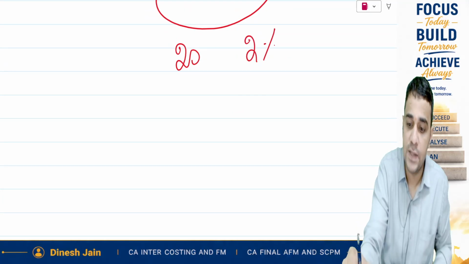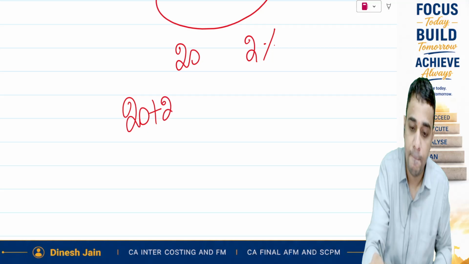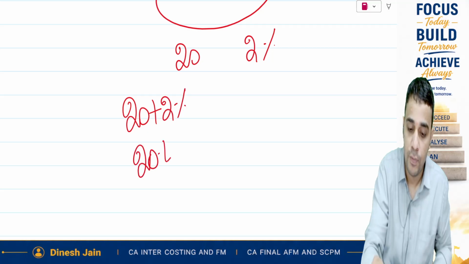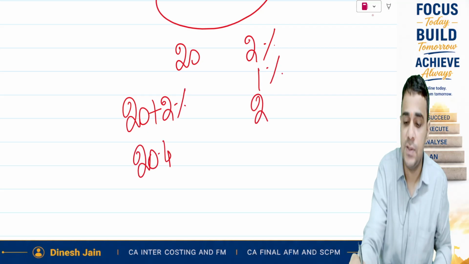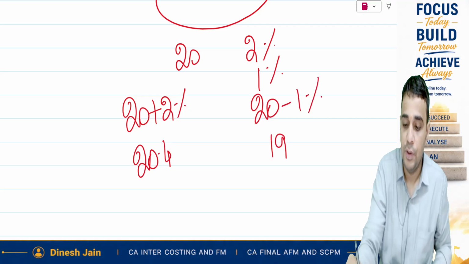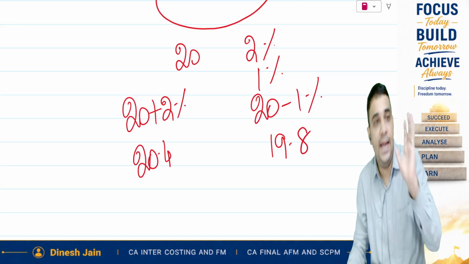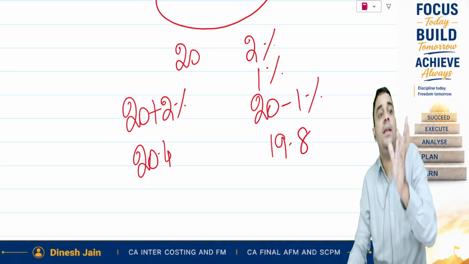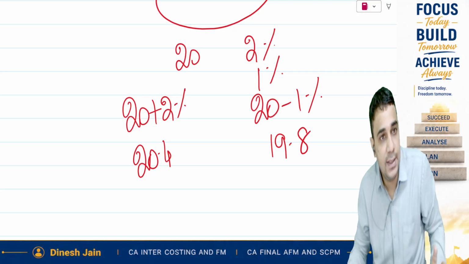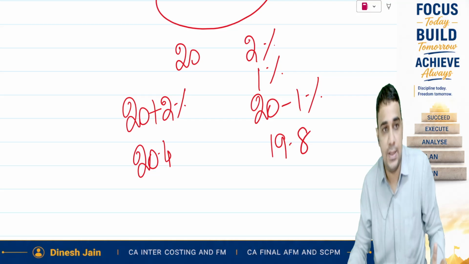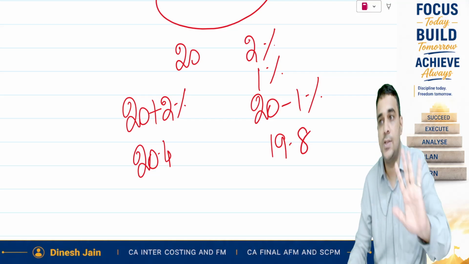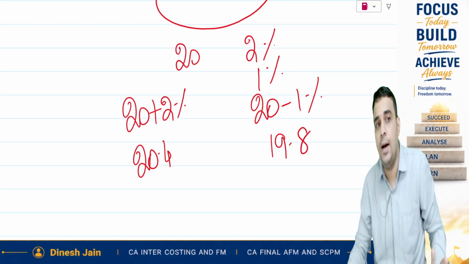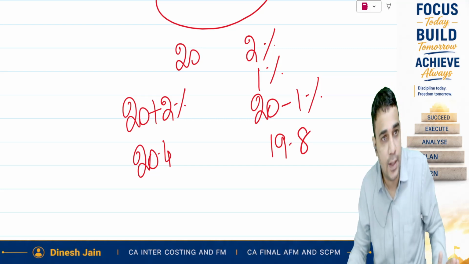Entry load 2% means you have to pay 20.4. Exit load 1% means you will exit at 19.8. Same day, one person will enter at 20.4, and another person who is exiting will exit at 19.8.